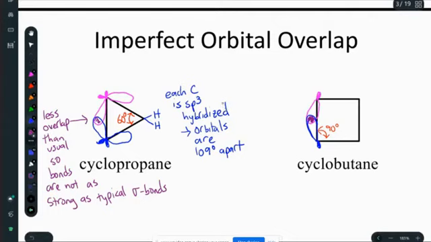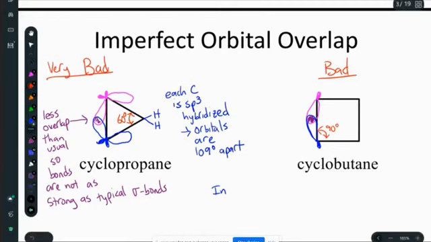In five-membered rings, there's a tiny bit of this. So in three-membered rings, this is really bad. In four-membered rings, it's bad.